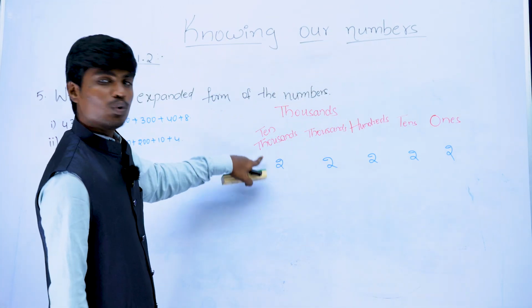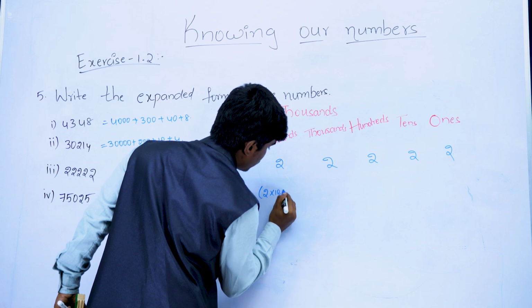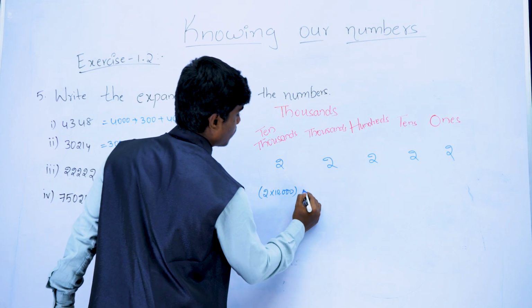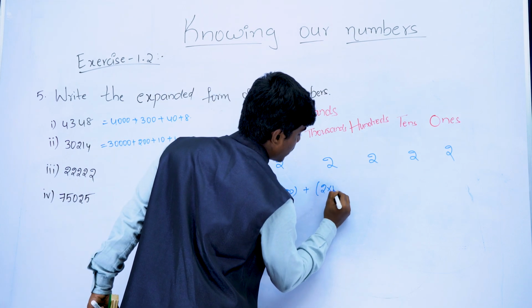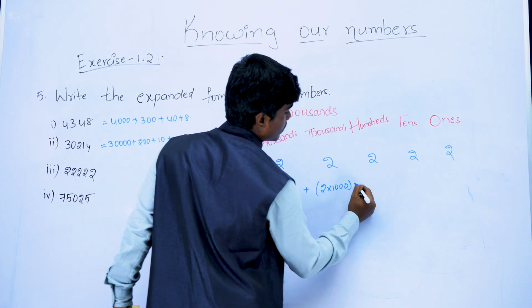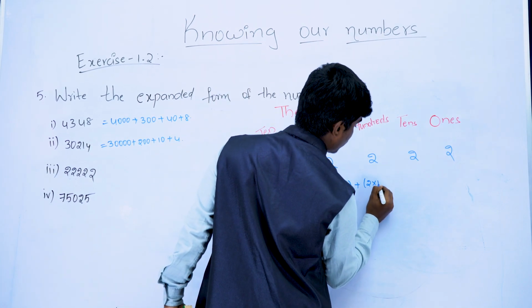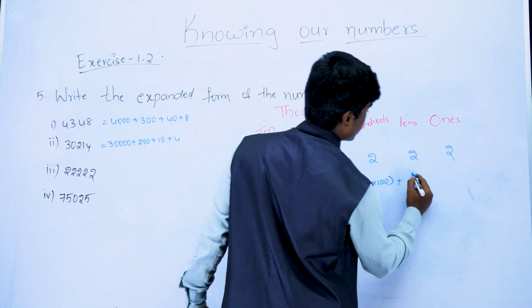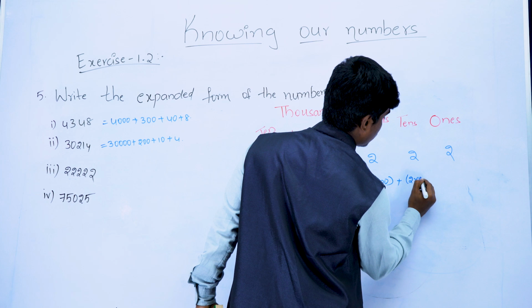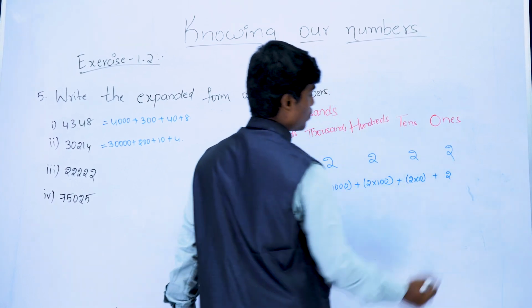See, 2 10,000s, so 2 into 10,000 plus 2 thousands means 2 into 1000, plus 2 hundreds means 2 into 100, plus 2 tens, 2 into 10, plus 2 ones, 2.